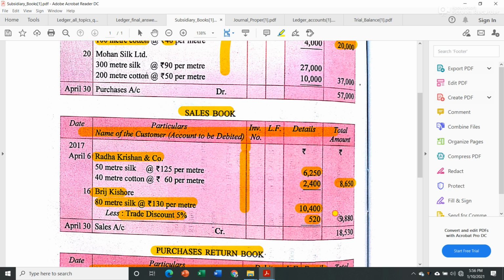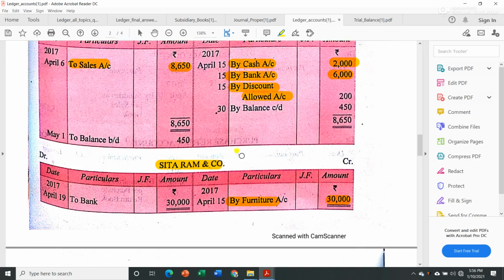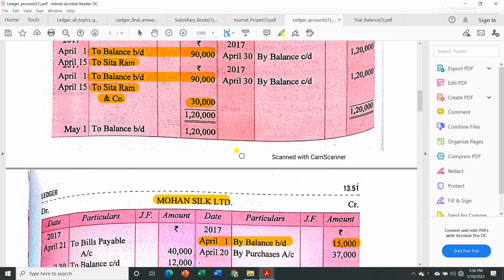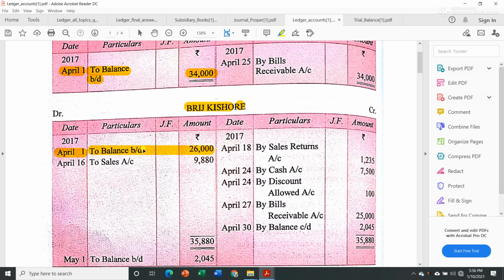So altogether we sold goods worth rupees 9,880. Now let's see the ledger account of Brij Kishore. Here Brij Kishore, we will write to sales account rupees 9,880. Remember, for trade discount we don't record it in our books.